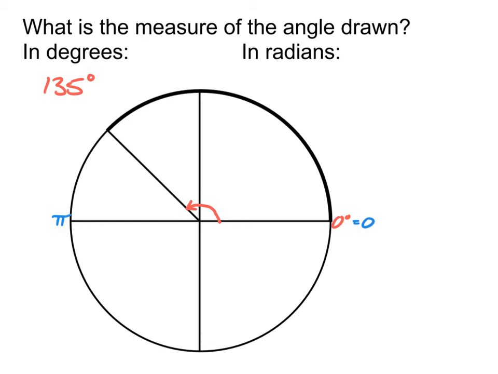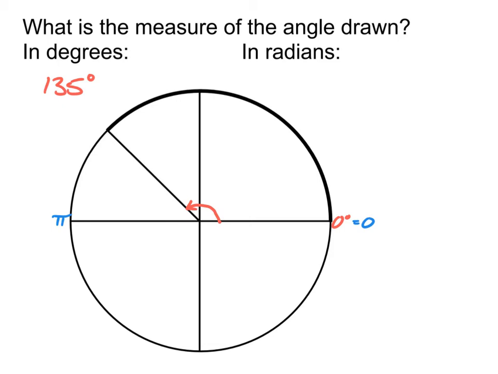So one of the first angles in radians that you should know and memorize is where pi is, because pi as an angle represents exactly half of the circle. So if I know that that's where pi is, what fraction out of the pi does it seem like our angle is actually looking at here?